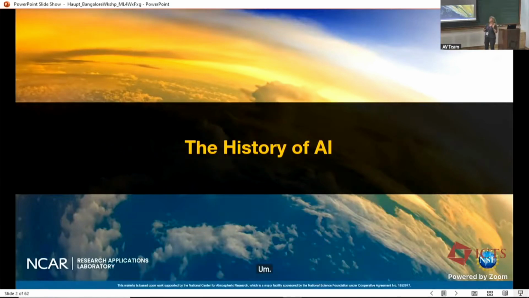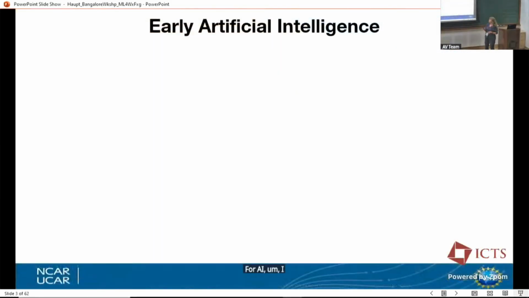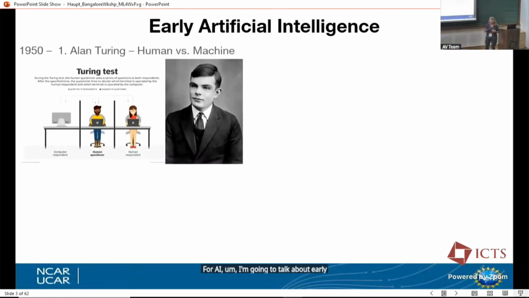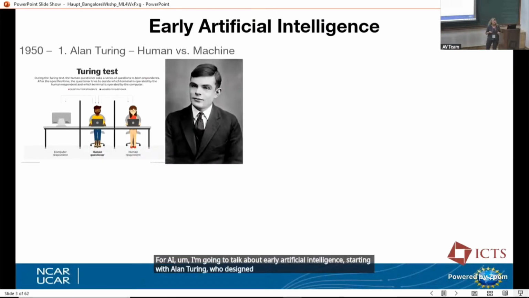I know we heard a couple days ago about some of the foundations for AI. I'm going to talk about early artificial intelligence, starting with Alan Turing, who designed the Turing test.